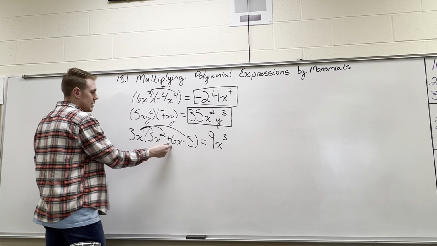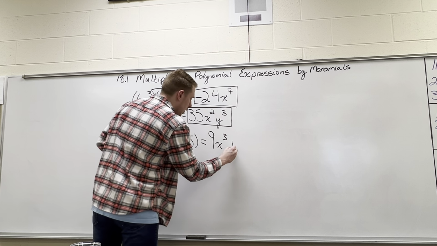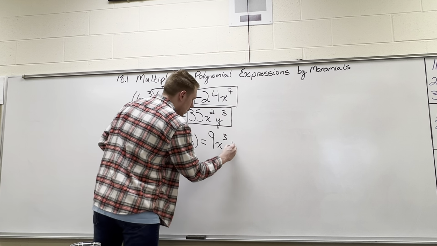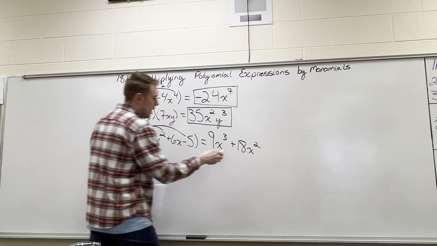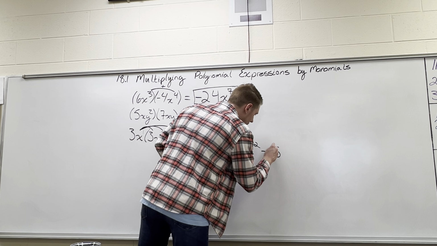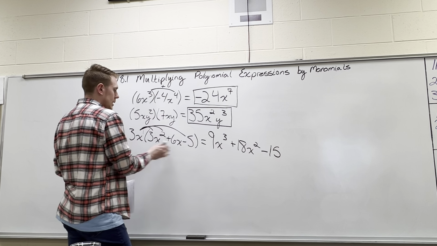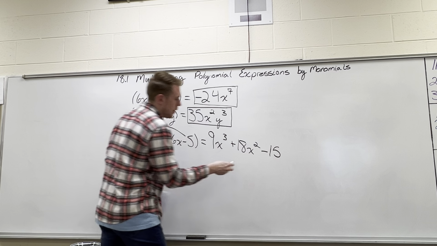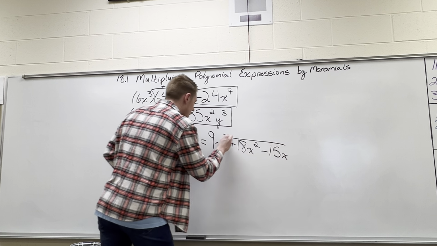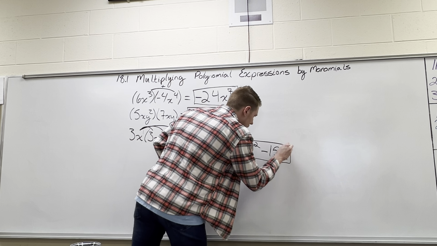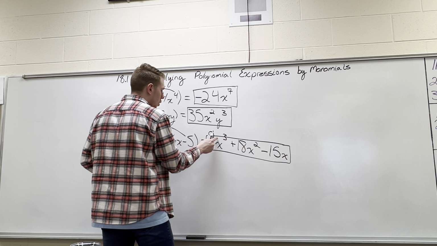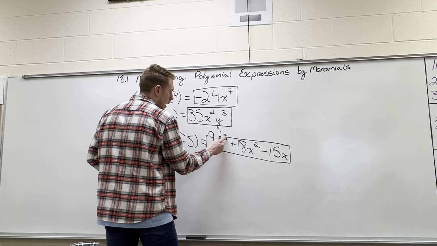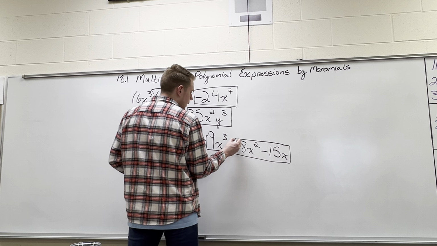What's 3 times 6? 18. What's x and x? Well, 1 and 1 is 2. 3 and negative 5 is going to be negative 15. X, no x, so 1 plus 0 is just 1. Here's your new equation. So, you should have got 9x cubed plus 18x squared minus 15x.